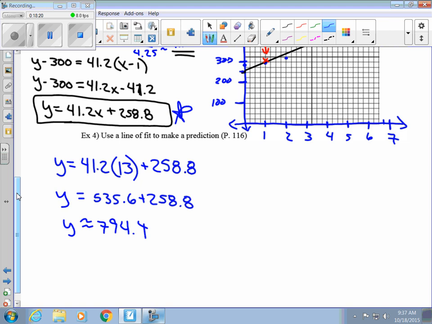So obviously we cannot have 0.4 of a vehicle. So we're going to say that it's about 794,000 alternative fuel based vehicles. That's how we say it.